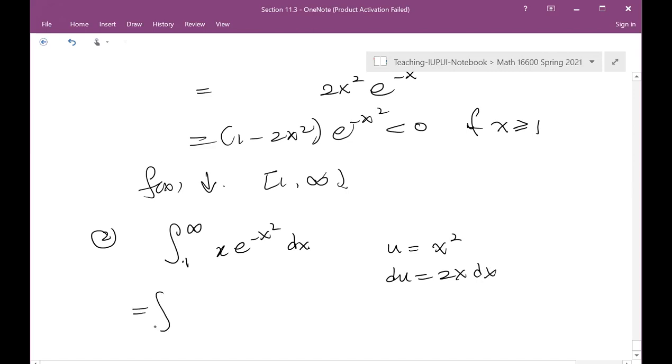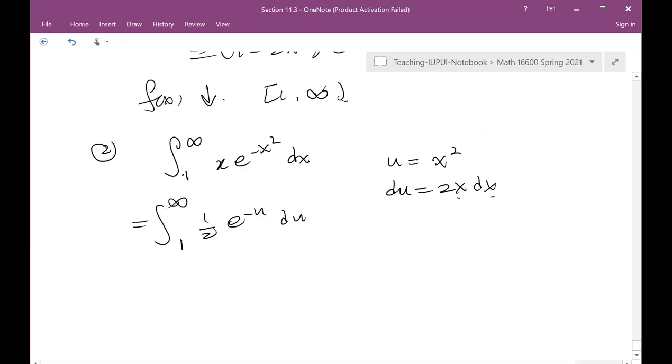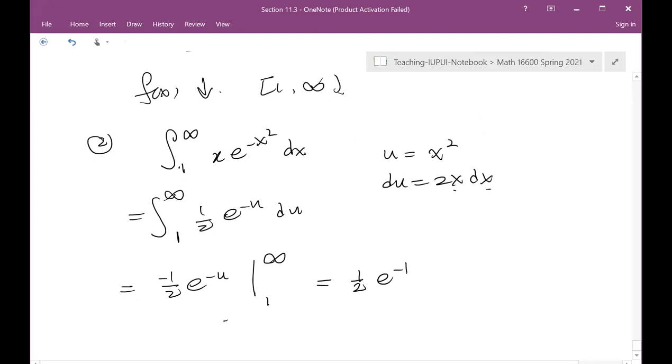When x equals 1, u is 1, and when x equals infinity, u is infinity. So x dx is half of du. The antiderivative of this function is this, and evaluate at the two endpoints. The first term will be 0, the second term will be just 1/2 e to the negative 1. Great, so that is the value.